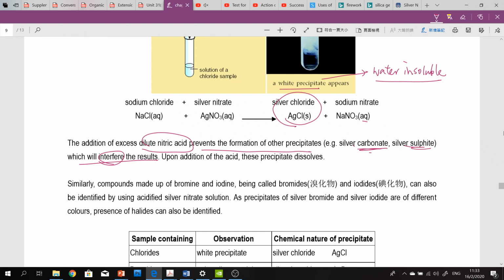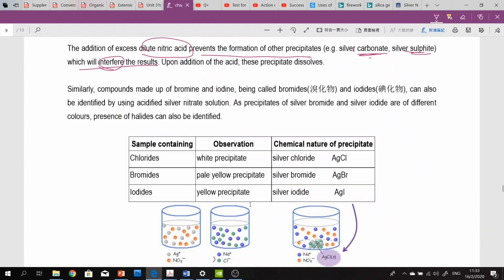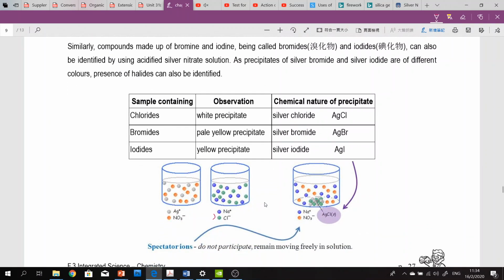So no worry, the most important thing is to acidify the silver nitrate solution if you are going to do the silver nitrate test. And what a coincidence, similarly, you may have compounds made of bromine and iodine, which we call bromide and iodide salts, which can also be identified by using acidified silver nitrate solution.